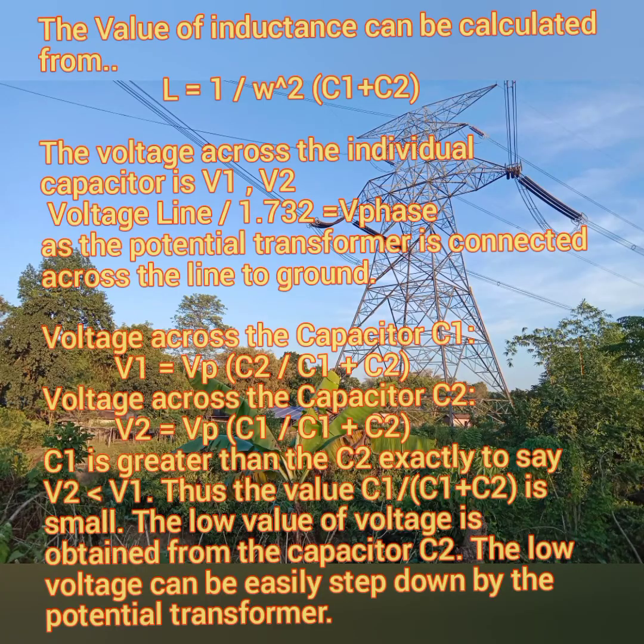Next, the value of inductance can be obtained from L = 1 / (omega squared × (C1 + C2)). The voltage across the individual capacitors is V1, V2. The line voltage divided by 1.732, which means VL divided by root 3, is equal to the phase voltage, as the potential transformer is connected across line to ground.